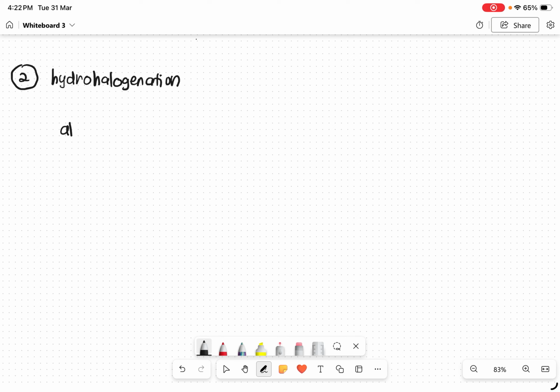This alkene will react with hydrogen halide, HX. HX here can be HCl, HF, HI or HBr, depending on your halogen. As I mentioned earlier, there are only four halogens.